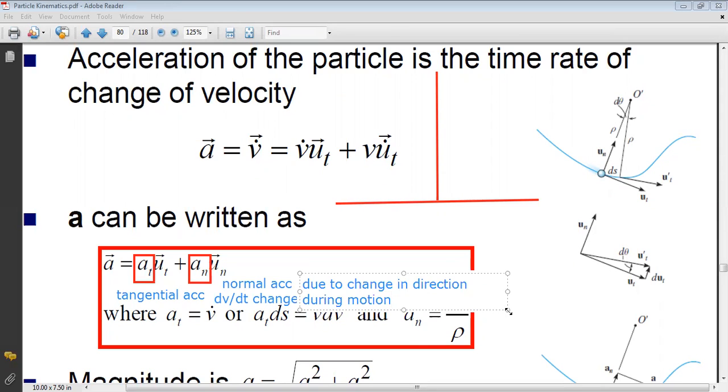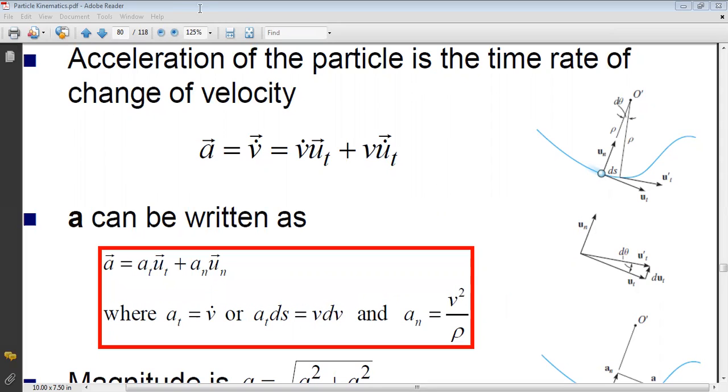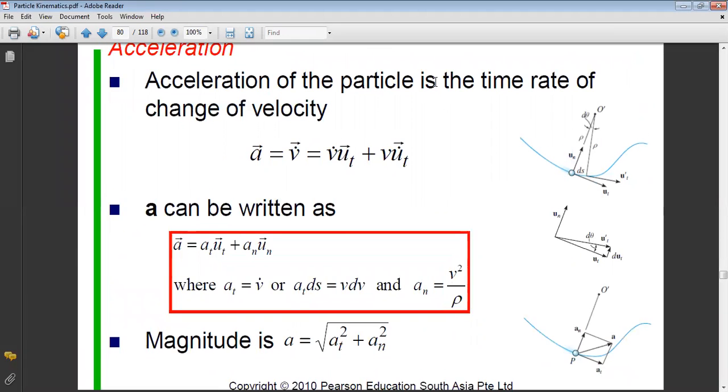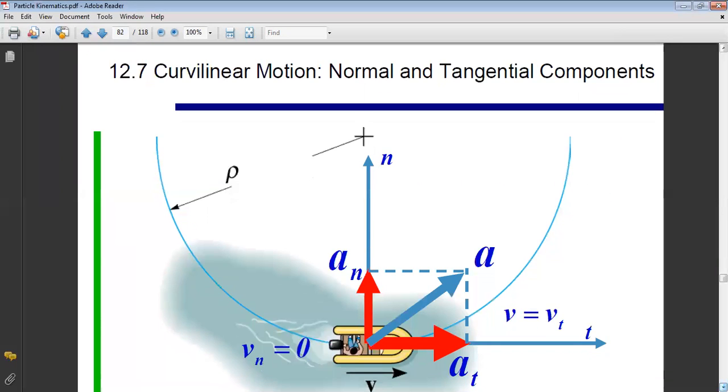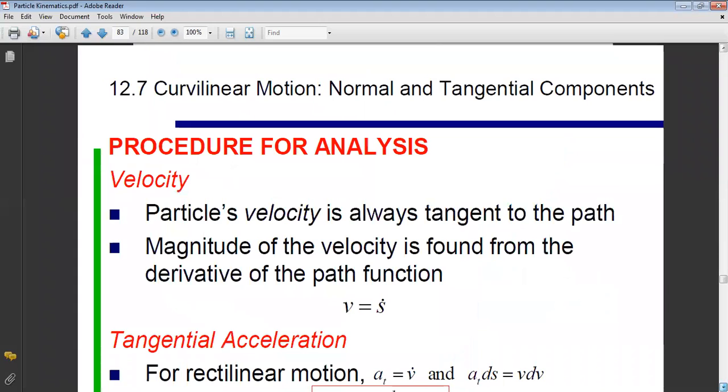And of course, once we find at and an, we can calculate the magnitude of the acceleration by doing the square root of at squared plus an squared. So this is how we determine velocity and acceleration in normal tangential components. So now let us move to something else. We'll do a small problem together.